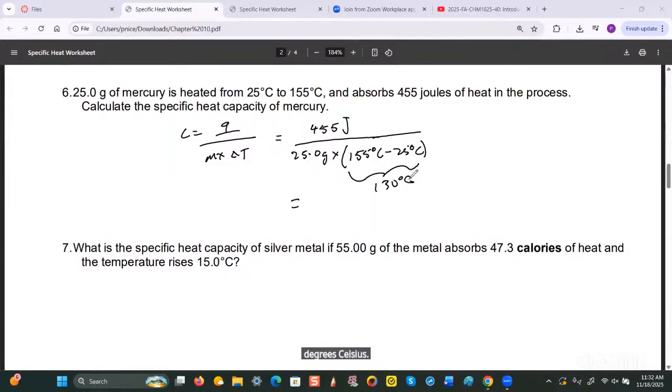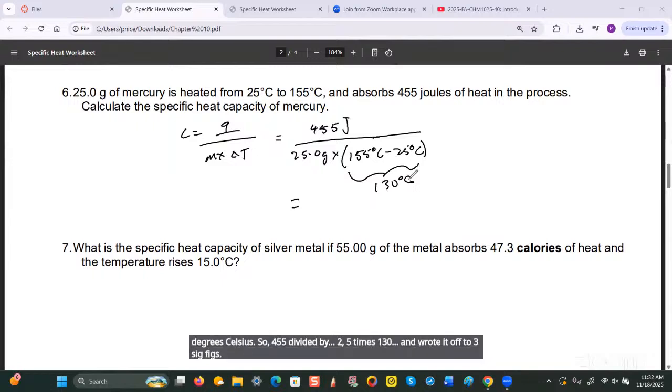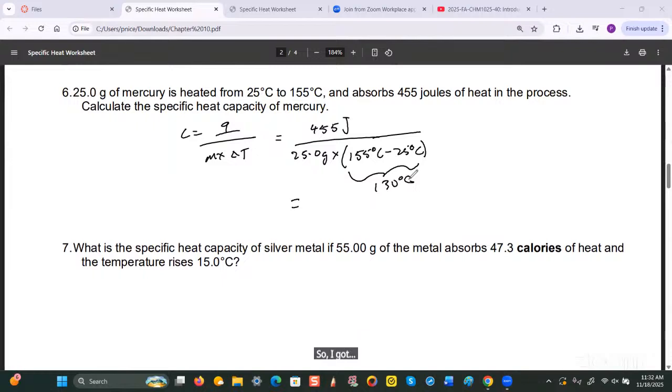So 455 divided by 25 times 130 and round it off to 3 sig figs. So I got 0.140 joules per gram degrees Celsius. And that's how that is done. All right, any questions about that one? Any questions?